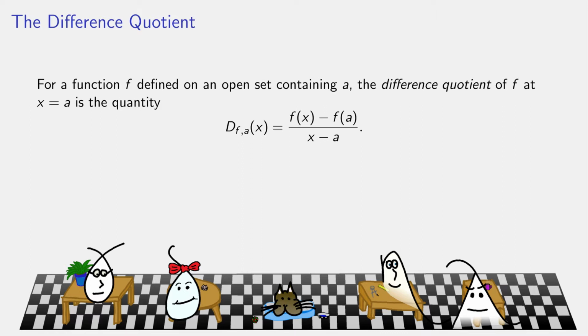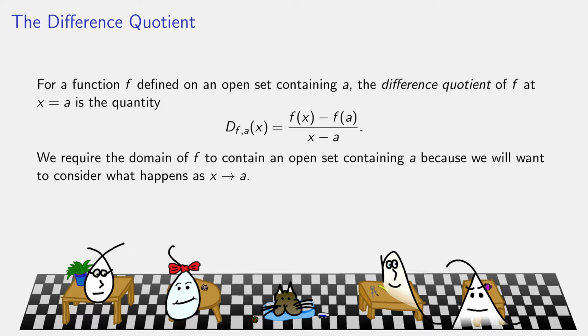So a is in the domain of f, but so is a little open set around it. The difference quotient of f at a is defined to be this ratio right here, f of x minus f of a over x minus a, where these x's are typically going to be drawn from that open set containing a. But honestly, anything from the domain is okay. It's still the difference quotient.